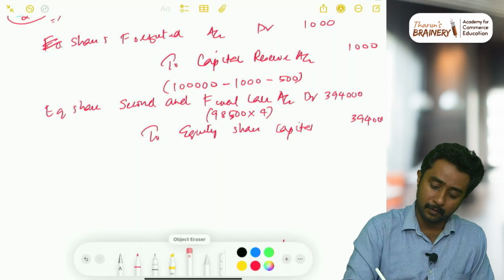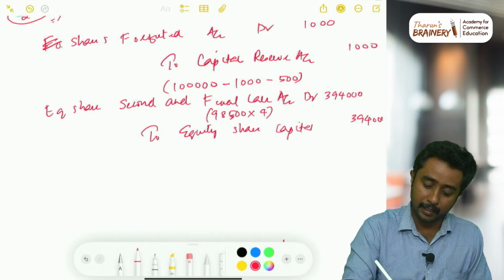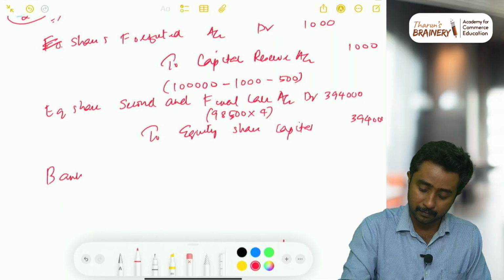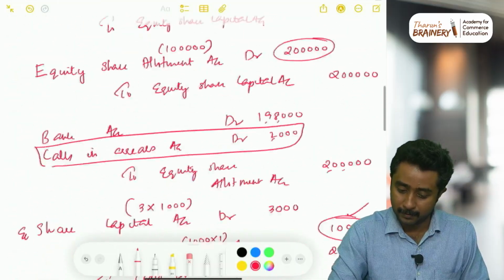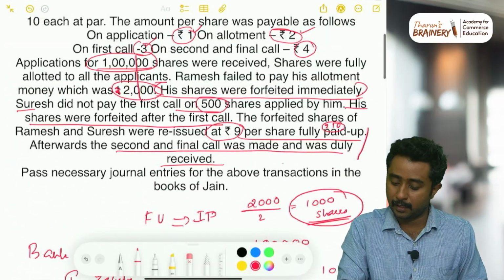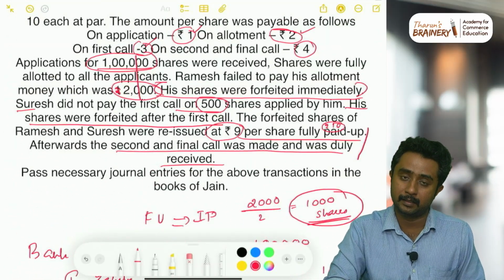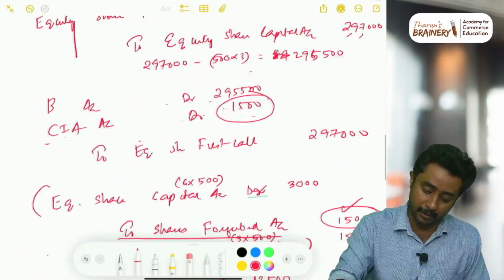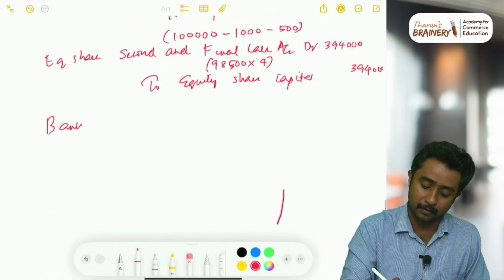Now, what are they saying about this money? They have received this money also. Afterwards, the second and final call was made and was duly received. Duly received means we have received the money itself, so there are no calls in arrears.